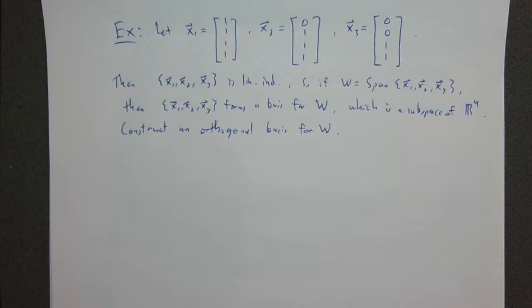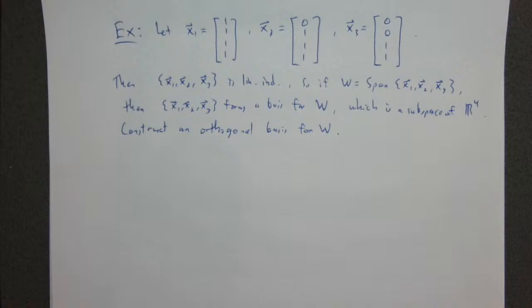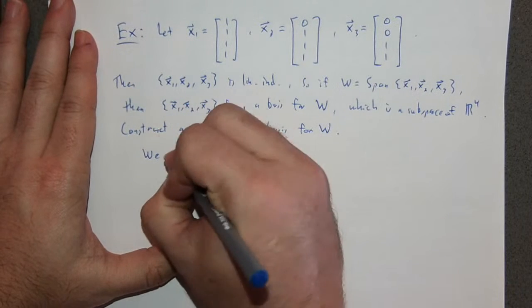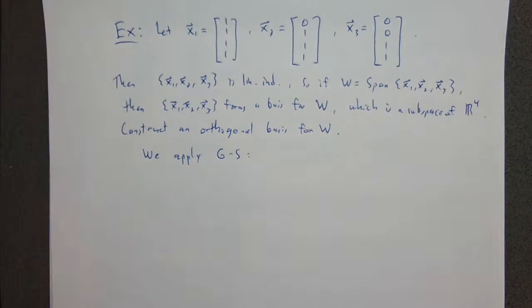None of the pairwise dot products of distinct vectors are 0, so we have nothing to start us off. So I want to apply the Gram-Schmidt process, GS. That's what I will abbreviate it as.